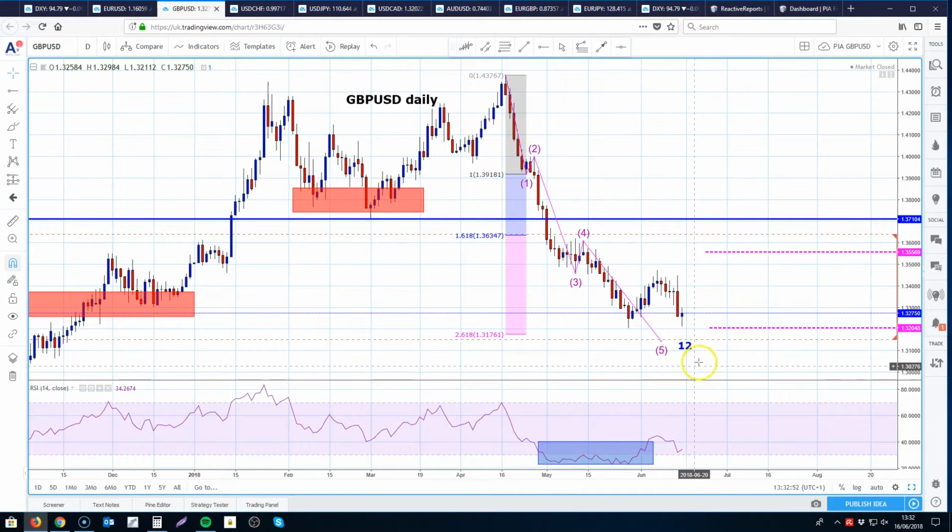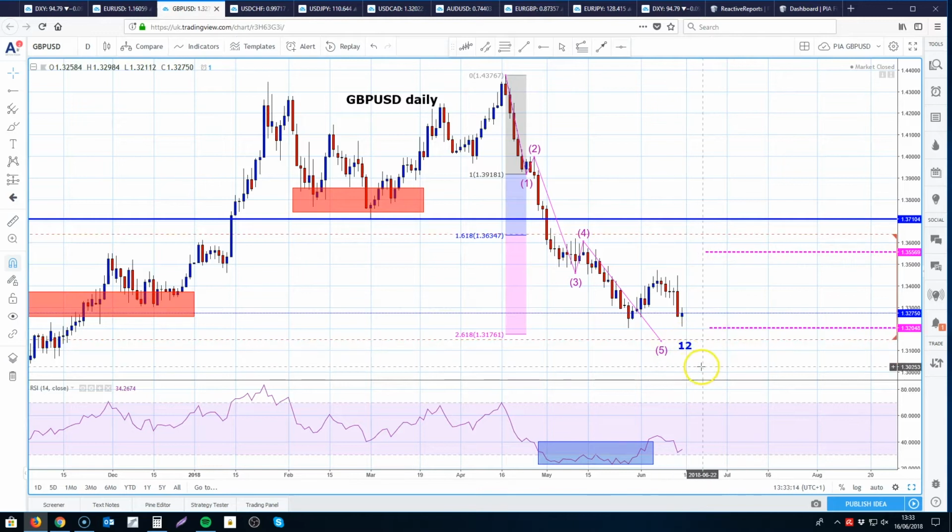We've got bespoke support located at 132.05, and then we've got this 261.8% extension level located at 131.76. So although the immediate bias, especially with this bearish outside candle posted on Thursday, is for lower levels, again, losses could be limited.